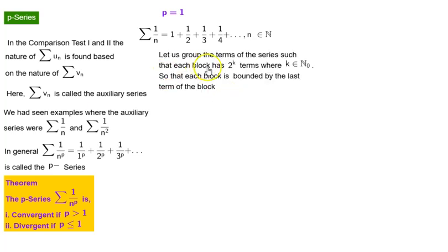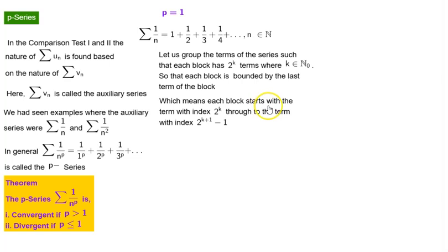Now again, let us group the terms of the series such that each block has 2^k terms, where k is in natural numbers and 0, so that each block is bounded by the last term of the block. In the previous case, it was the first term of the block.